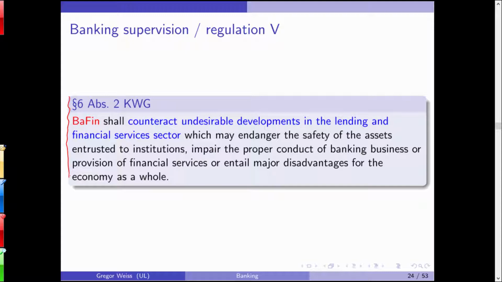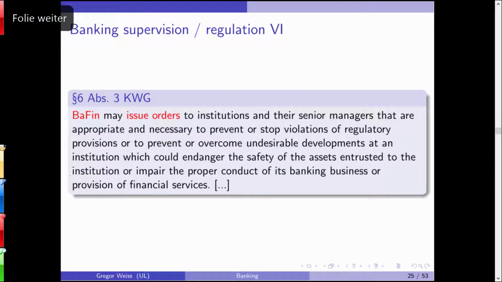So BaFin has the task to guarantee financial stability, and what can it do? BaFin may issue orders. It is allowed to issue executive orders to institutions and their senior managers that are appropriate and necessary to prevent or stop violations of regulatory provisions, or to prevent or overcome undesirable developments at an institution which could endanger the safety of the assets entrusted to the institution or impair the proper conduct, and so on and so on.